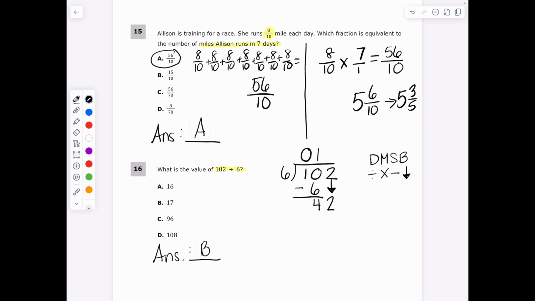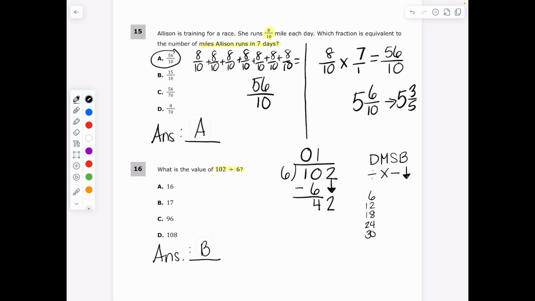And 42, how many 6s can go into 42? Say it again. 42 divided by 6. Or sometimes kids say how many 6s can go into 42. If you're not sure, I know some kids skip count on the side to help them.